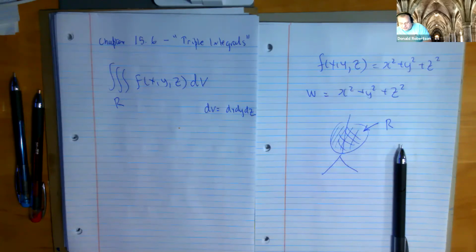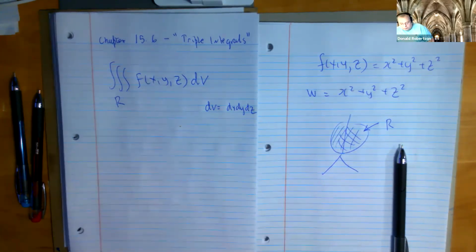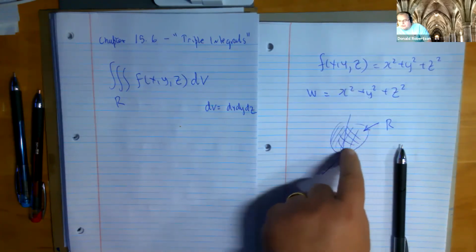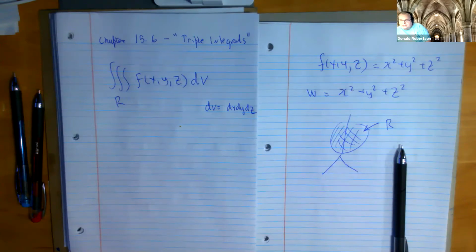So can you imagine at the center, it might be quite cool, but on the surface, because the x, y, and z are bigger, it's much hotter. Then when you do the triple integral, what you're essentially doing is adding up the temperatures in every single point inside that sphere. So the answer you get could be thought of as the total amount of heat energy contained inside that sphere. Does that kind of help you visualize what you might be getting?